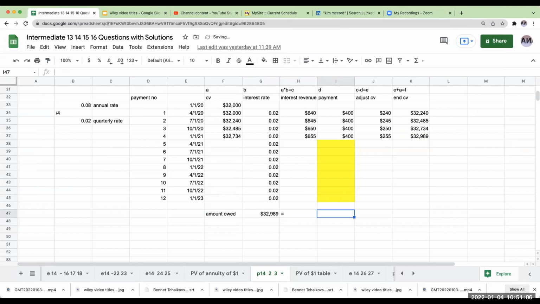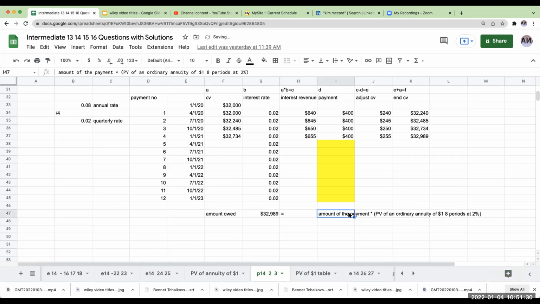So what we're trying to say is that this is going to essentially equal the amount of the payment times a present value factor, which is going to be the present value of an ordinary annuity of $1, 8 periods at 2%.